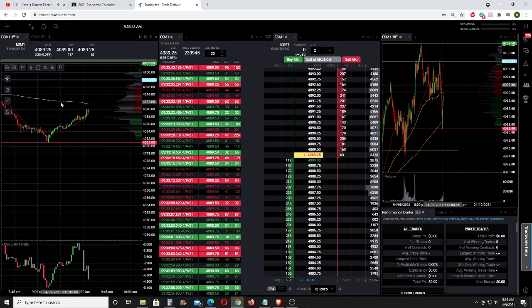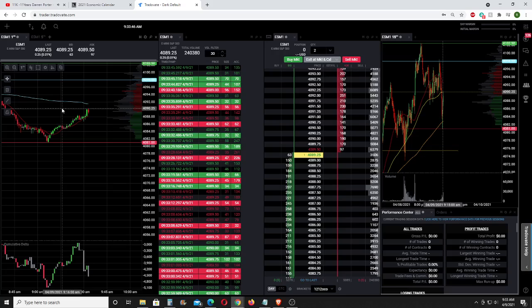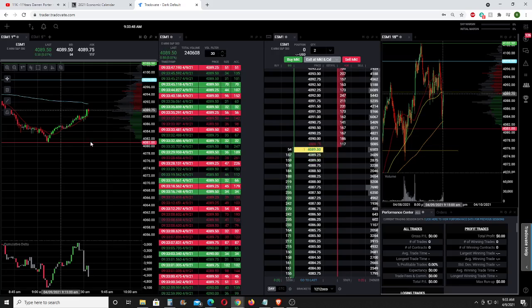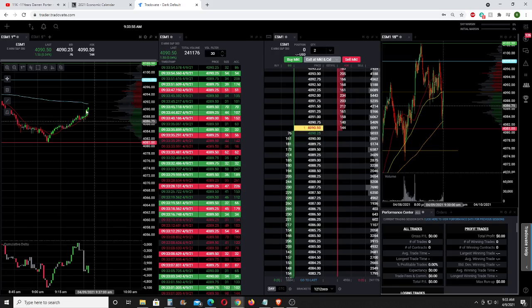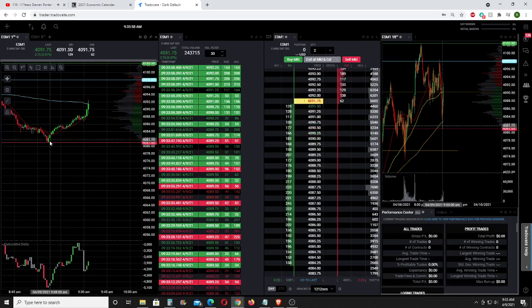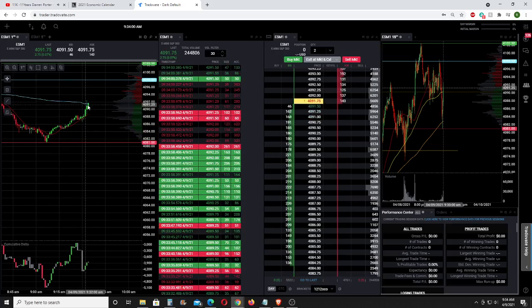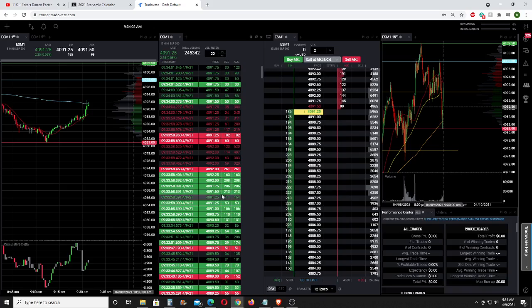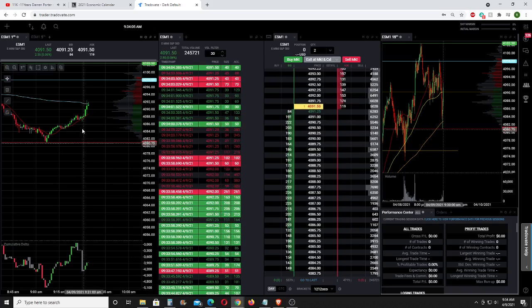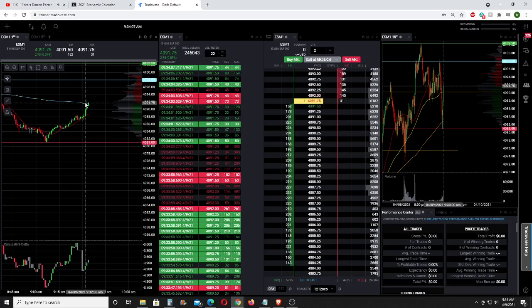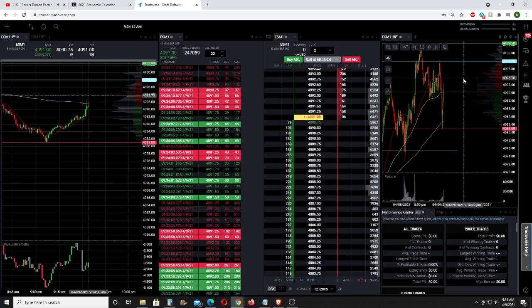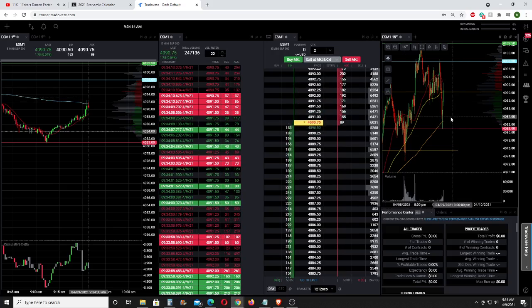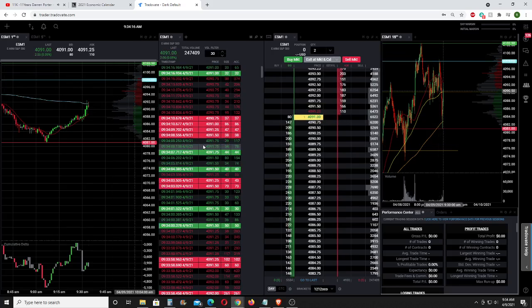Definitely some resistance at 4090 here. It's a clear uptrend. Oh, look at that spike there. Look at those buy prints. 4091. Look at all these orders here. It's trying to break through this VWAP here. Very bullish. Very, very bullish.